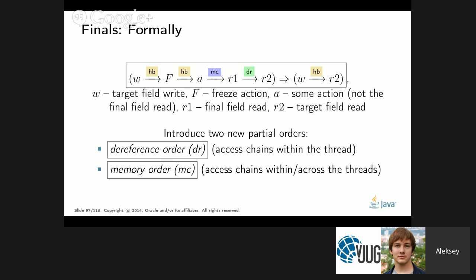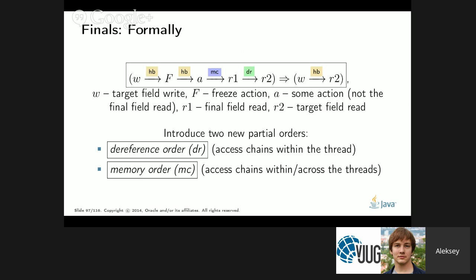More formally, it will say something like this. If I want to figure out whether the write of the field is ordered with the read of the field, and the write of the field is denoted by W, and the read of the field is denoted by R2, you have to construct this particular chain of orders through the synchronization actions, through the action that publishes the object, through the action that reads the particular final field.